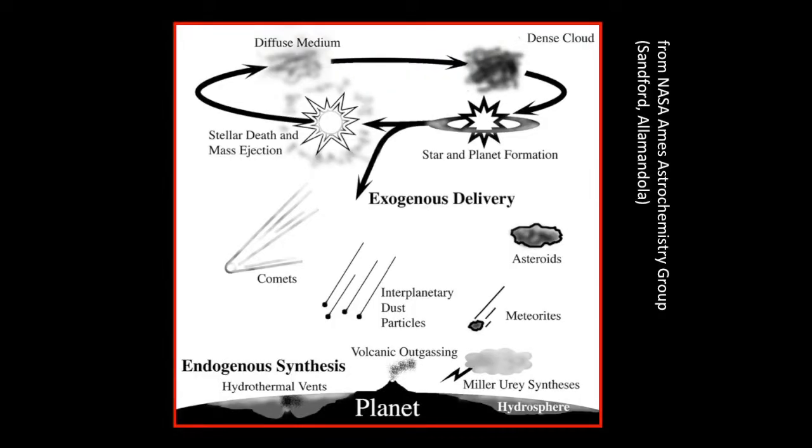To give an overview of the system, you've got primary stars dying and ejecting their contents, secondary stars forming. You get stars and planets forming, and various things rain down onto the surface of the Earth in the form of comets, dust particles, cosmic dust, asteroids, meteorites, that sort of thing. They have various combinations of more and less complex molecules.